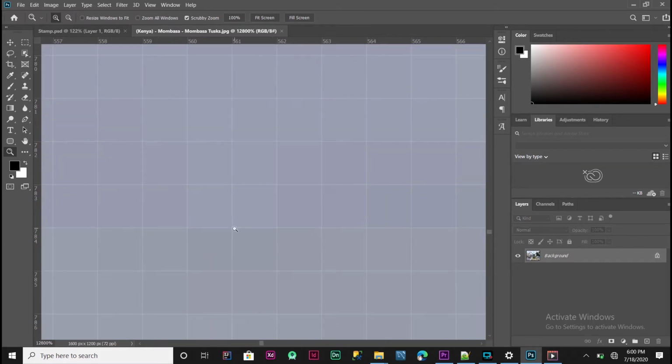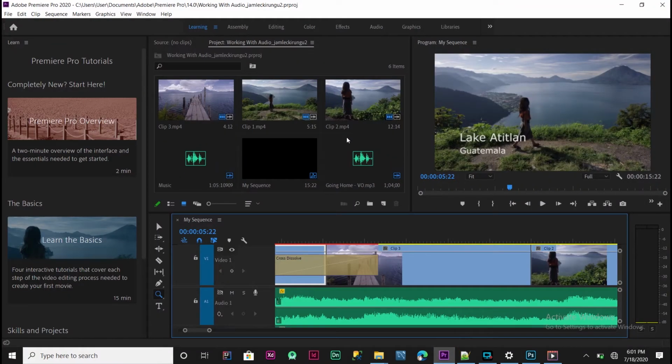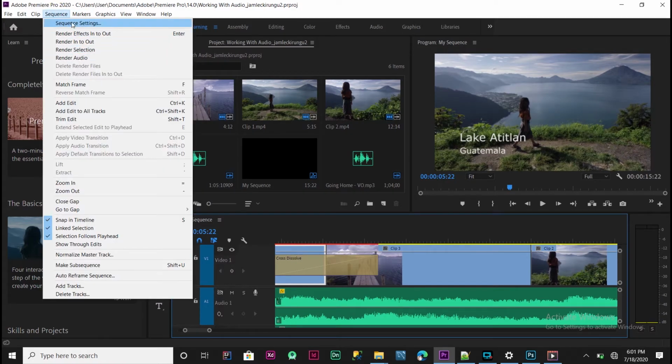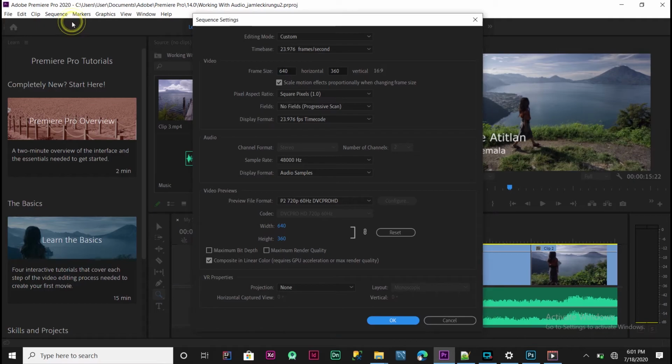And we have many resolutions. Let me show you here, in the sequence settings. The resolution of this video is 640 by 360.